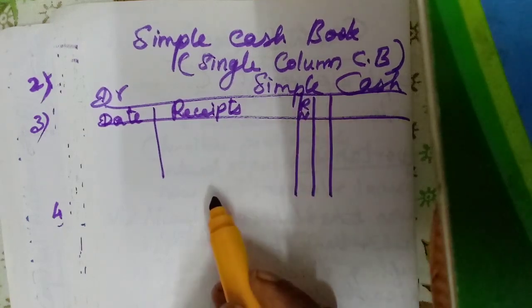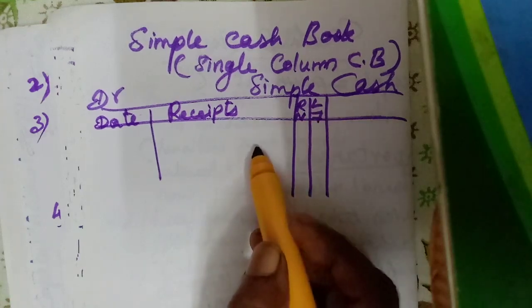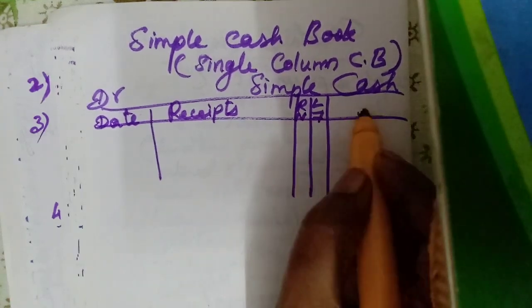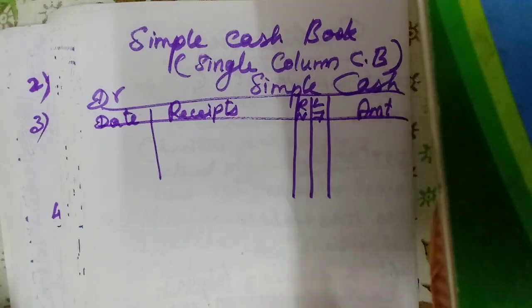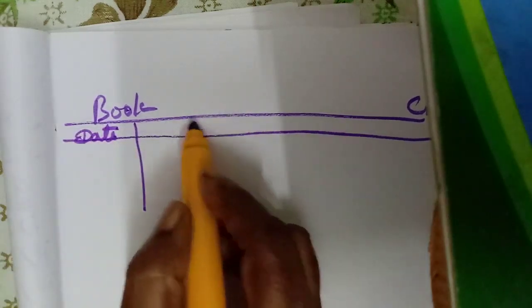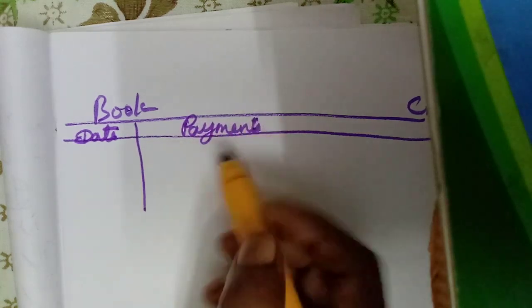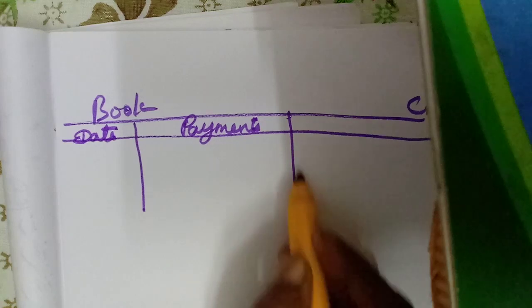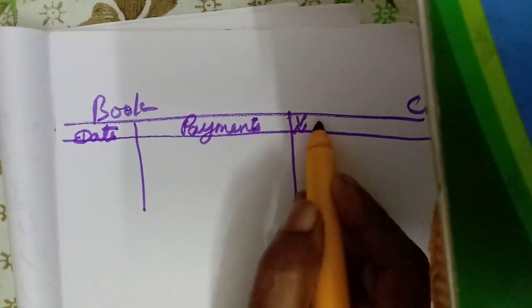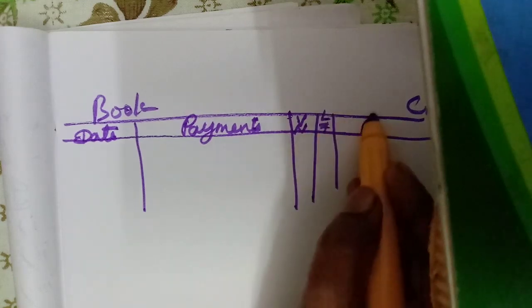Then LF, then amount. In the same way on the credit side also, date, then particulars where we should write payments. For the payments we have the voucher number, then LF, then amount.